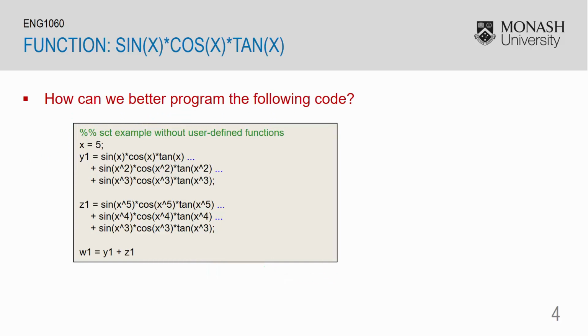So consider the example that I mentioned in the previous video, where we were calculating the product of sine, cos, and tan for a particular input. Here, how can we better program this code? So we have x is equal to 5, y1 is equal to the product of sine of x, cos of x, tan of x, or sine of x squared, cos of x squared, tan of x squared, and so forth.